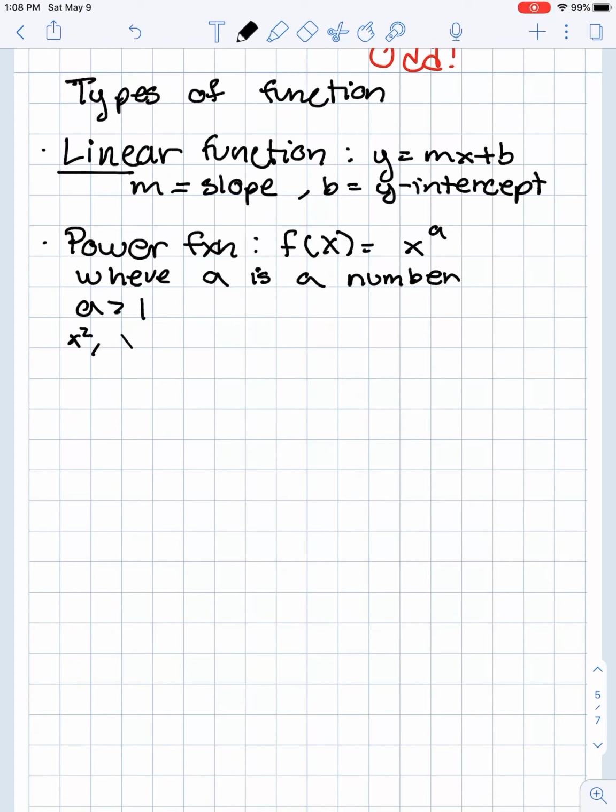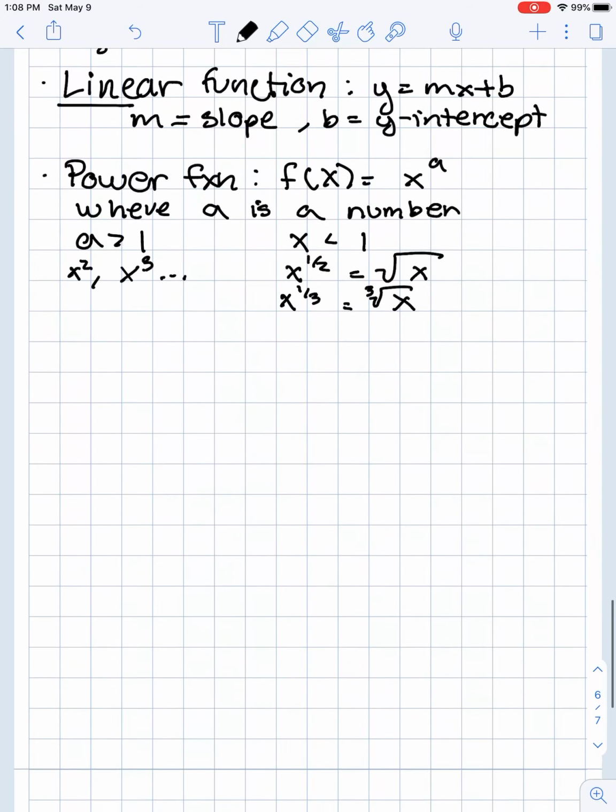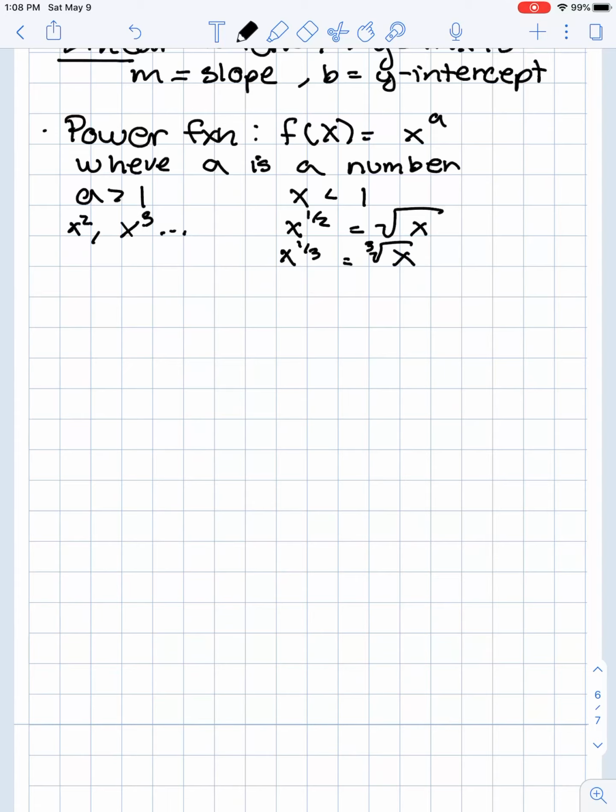We'll get like x squared, x cubed, and so on. If a is less than 1, we will get like x to the 1/2. I can just write that as the square root of x. X to the 1/3, well, that's just going to be the cube root of x. Alrighty? And then our next type of function is going to be polynomials.